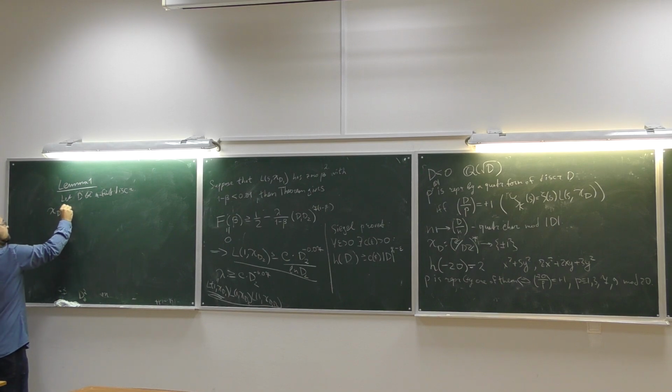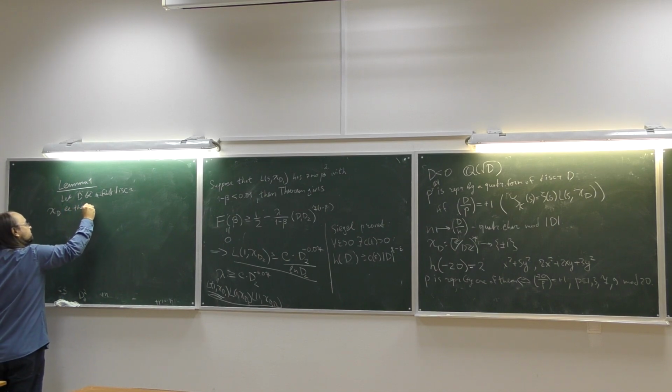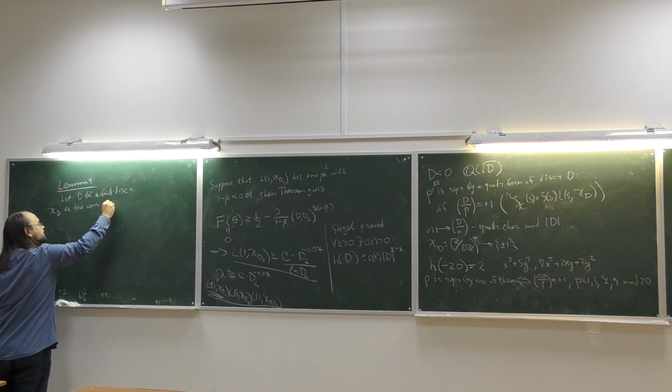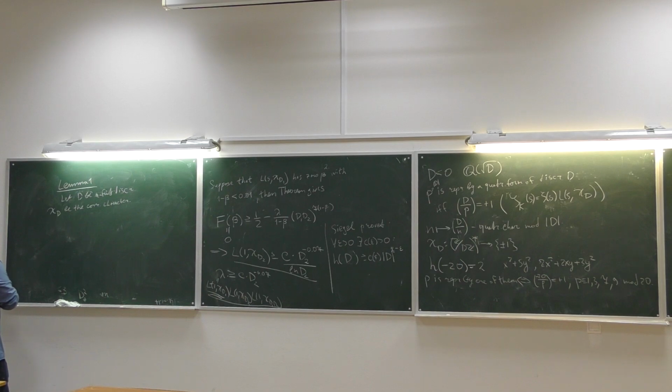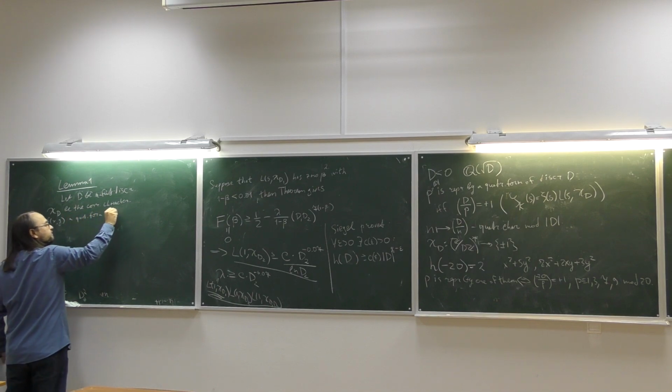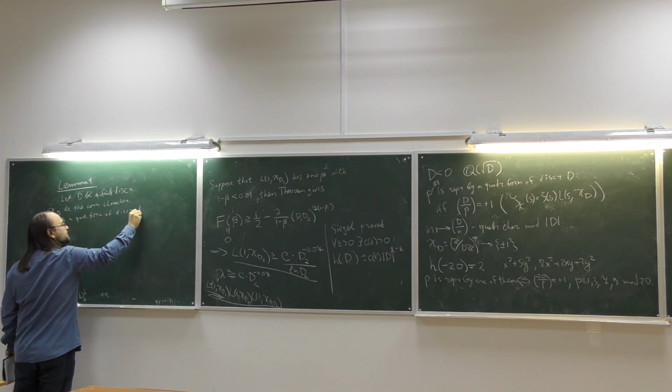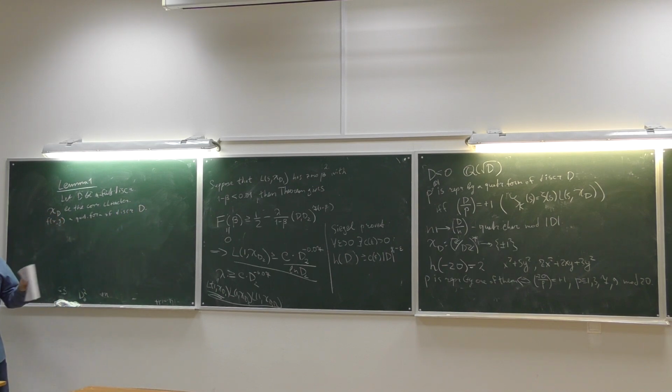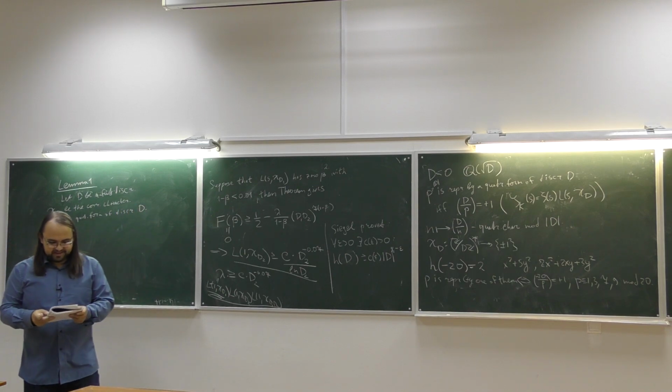Let chi sub D be the corresponding character, and let f of x be a quadratic form of discriminant D. Suppose we have all this data.